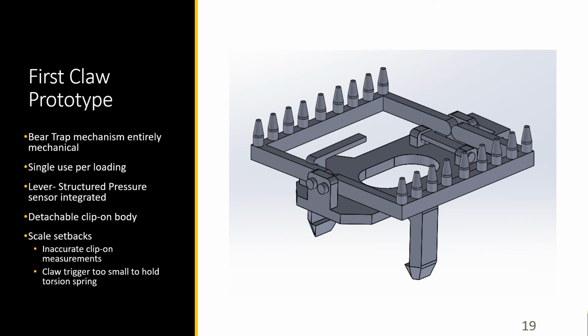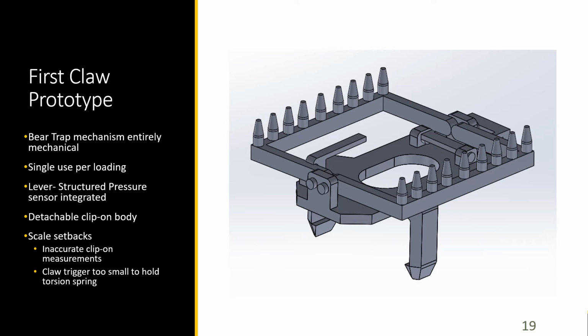A major setback to this first mechanism was that we designed it before we got our hands on a drone, so the measurements for the clip-on body and the size of every component of this mechanical claw were inaccurate. Therefore, it was not able to attach to the drone, and some of the components were too small to even hold a torsion spring.